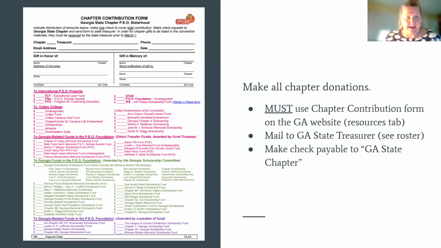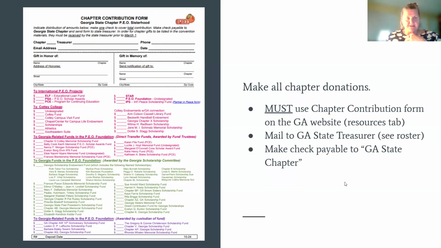So many of you have a scholarship or a fund that you have established that is down here. Again, that money will be a part of the Georgia Foundation. So if you think of the foundation as a pie and each part of the foundation is divided into 50 pieces, one of those pieces is Georgia.